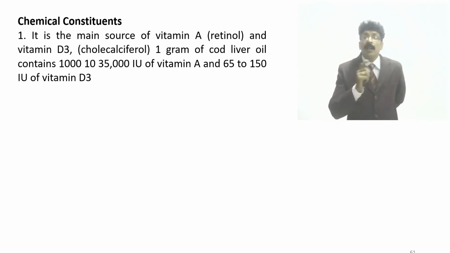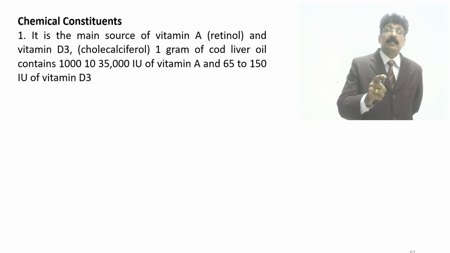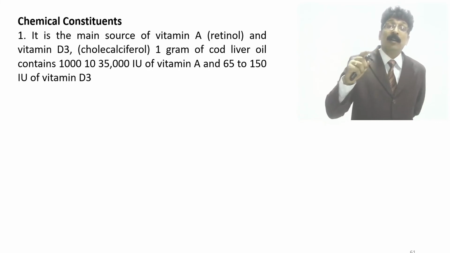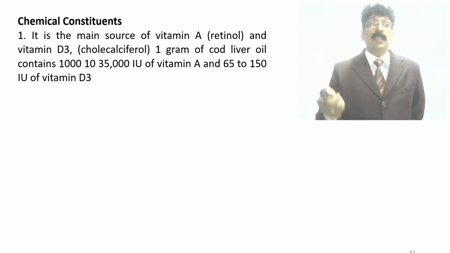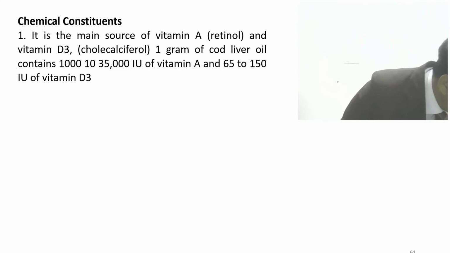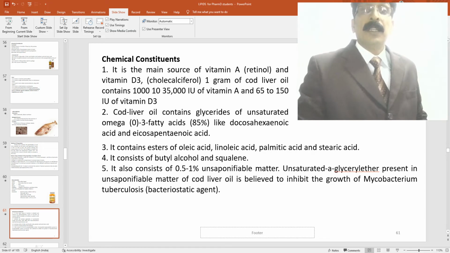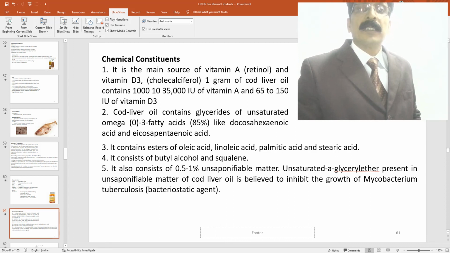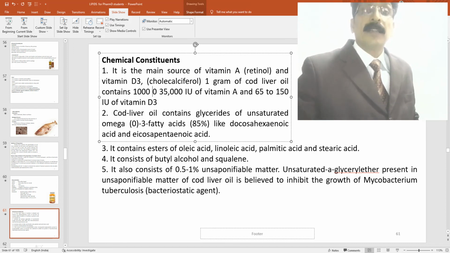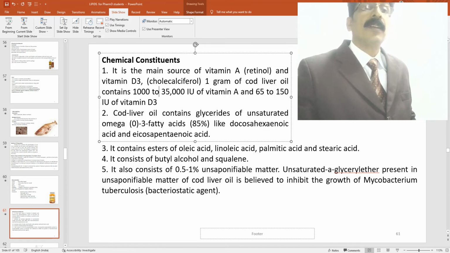One gram of cod liver oil contains, wait a minute, sorry for mentioning that in the wrong manner, I have to correct it now, otherwise it will be a mistake in the lecture. One gram contains 1000 to 35,000 units.